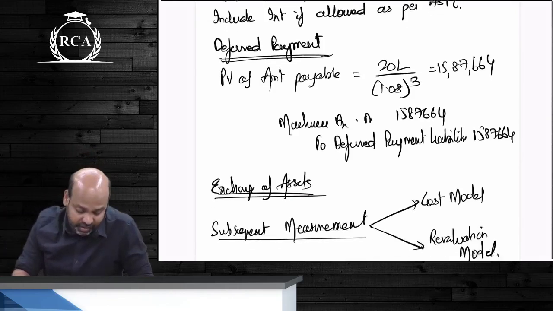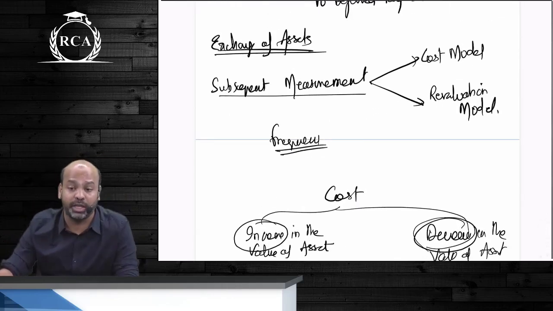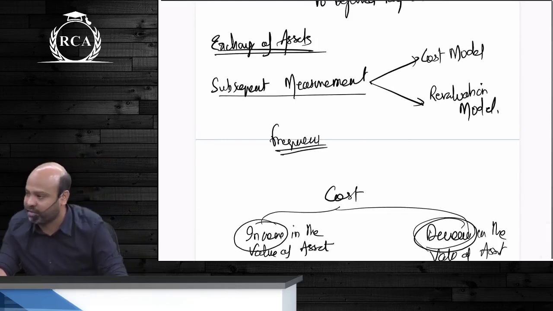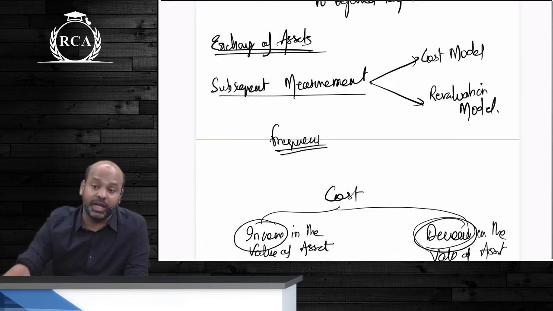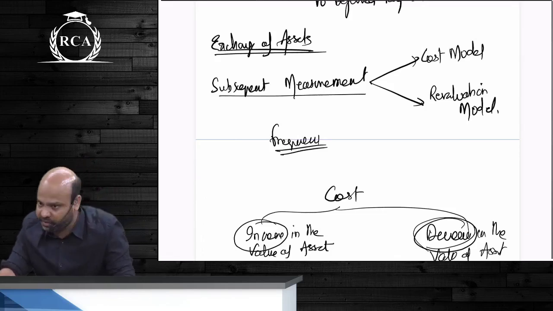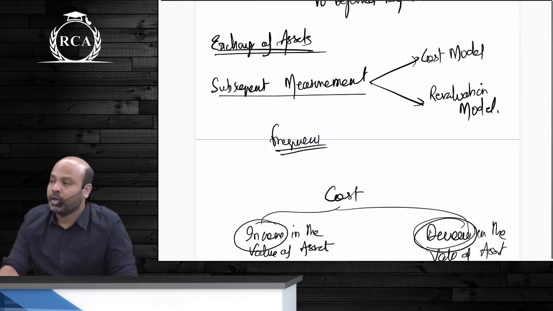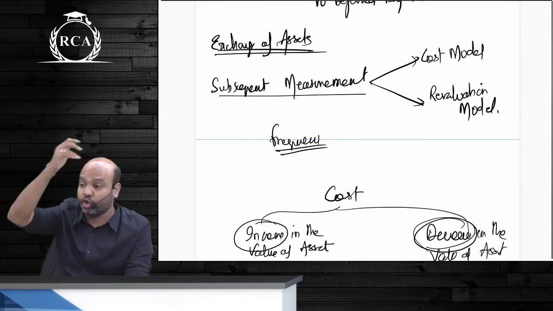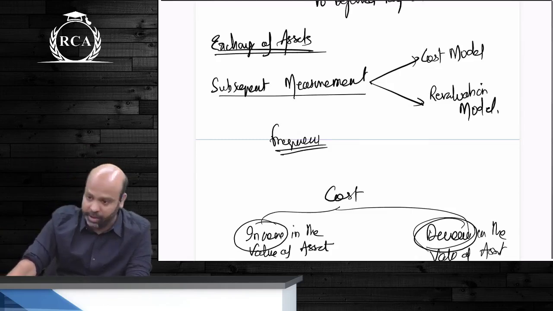Then guys, in case there is an exchange of an asset as such, guys, I said you are supposed to record the asset at fair value of the asset acquired or fair value of the asset given up, whichever is clearly evident. However, if the transaction lacks commercial substance as such, guys, when will a transaction lack commercial substance? There is no impact on the amount of cash flows of the entity, guys. There is no change in the profit generating capability of an entity, or the fair values cannot be determined.